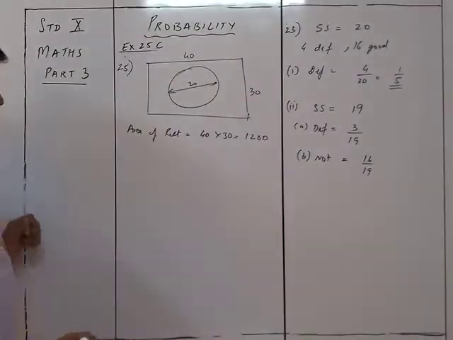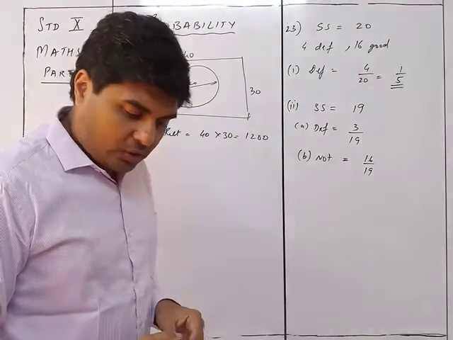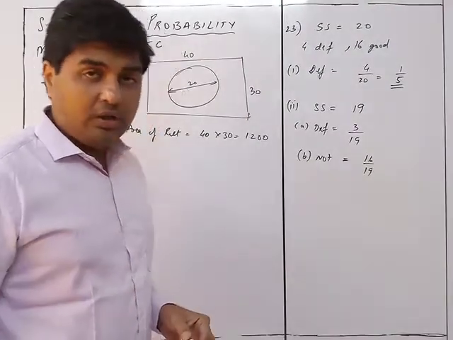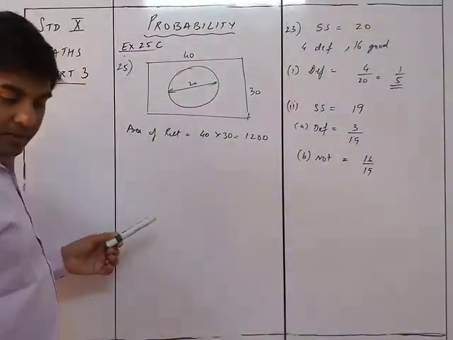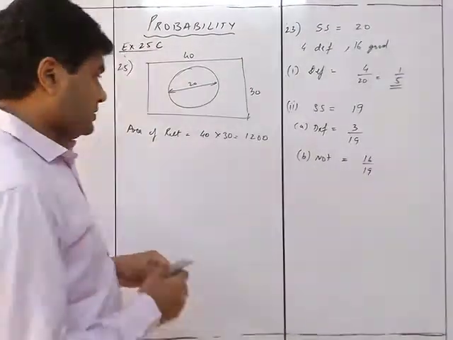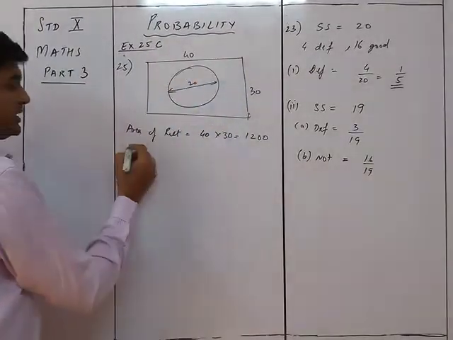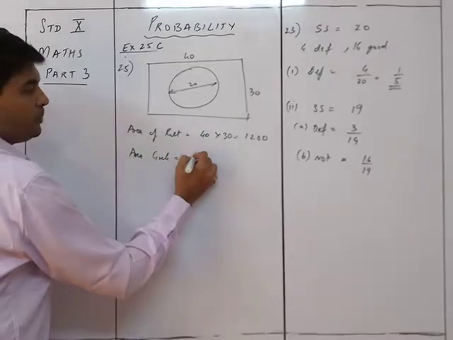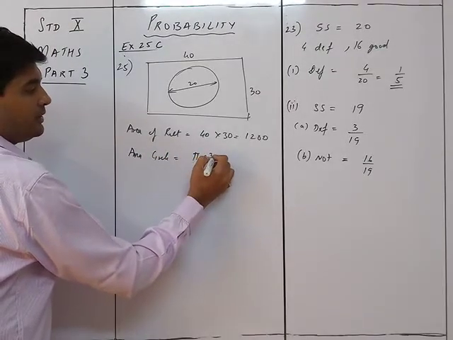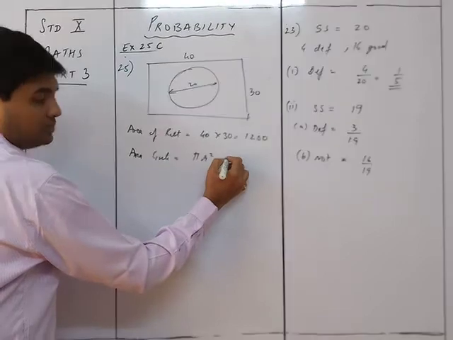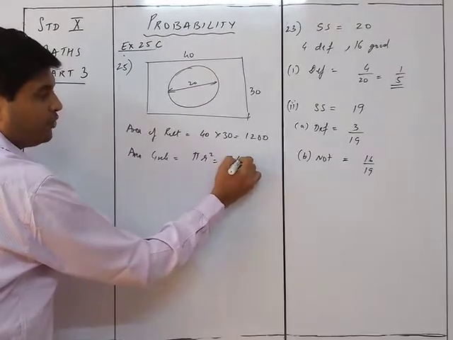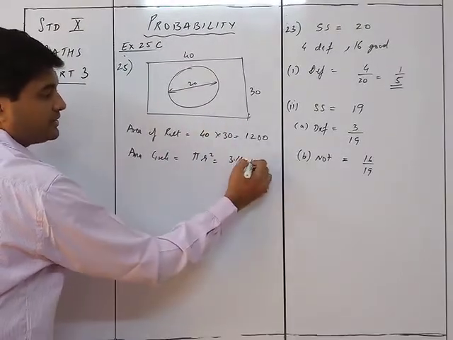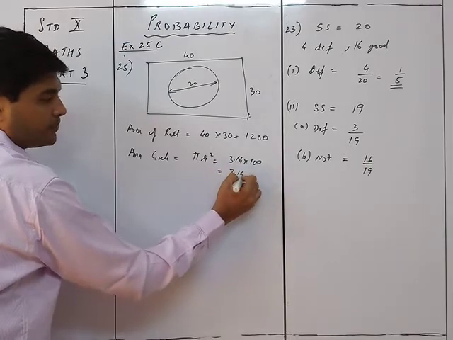So now if this is the area and you are told that the dice is going to fall, one case is inside the circle. So the area of the circle is pi r square, and we'll take pi as 3.14 into 10 square, which is 100, equal to 314.